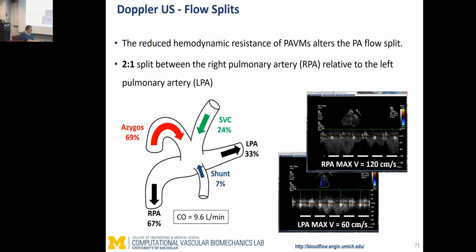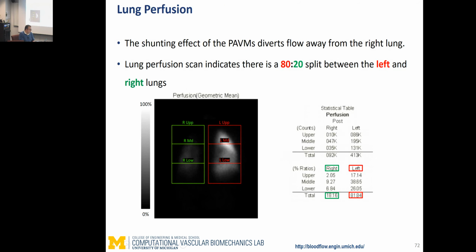Total cardiac output for everyone in this room is about 5 liters per minute. This lady is 10 liters per minute at rest because of that low resistance. So to answer your question, we do specific analysis for each patient. We also have perfusion data, I'll get back to this in a second. These patients, unfortunately, get so much assessment that it is good for modelers.